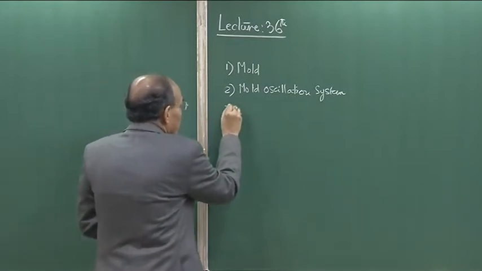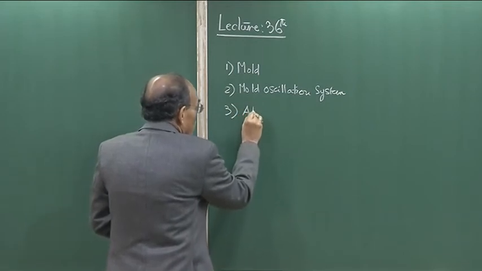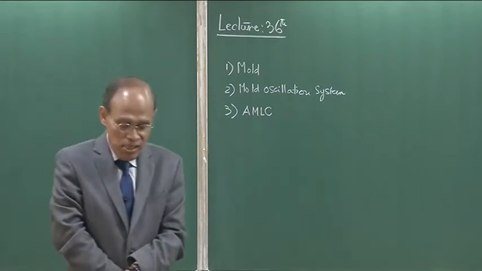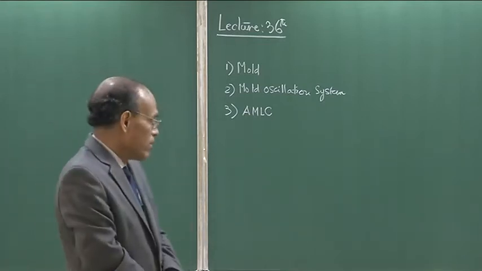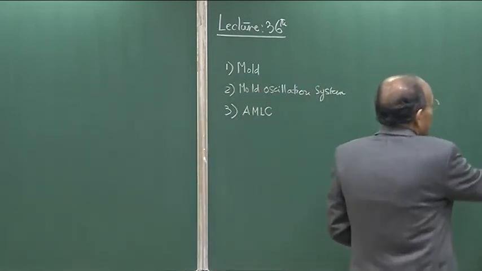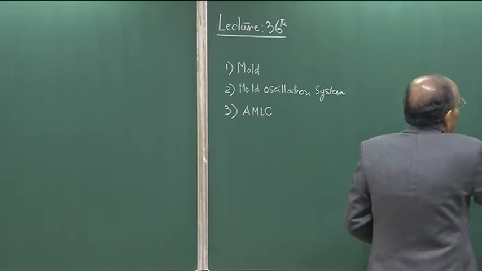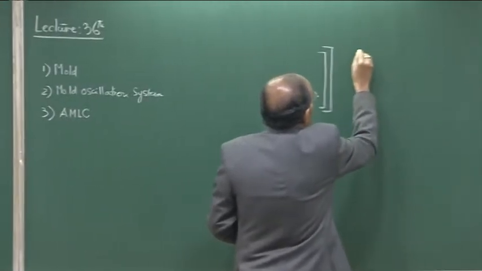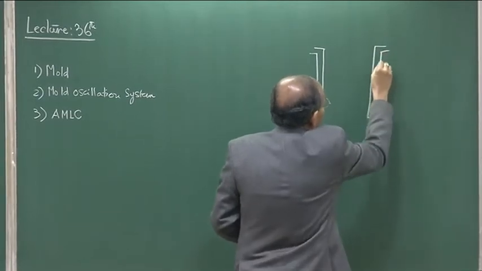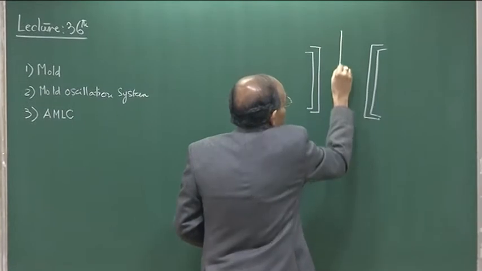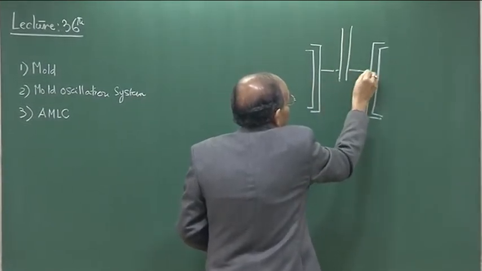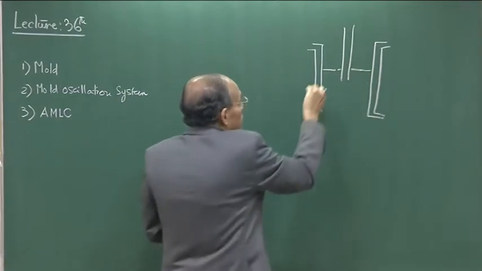The third is the automatic mold level controller. This is very important for us because we want to maintain the process at a constant or steady state. We have the mold here, and this is the liquid depth, and here is a slag layer.